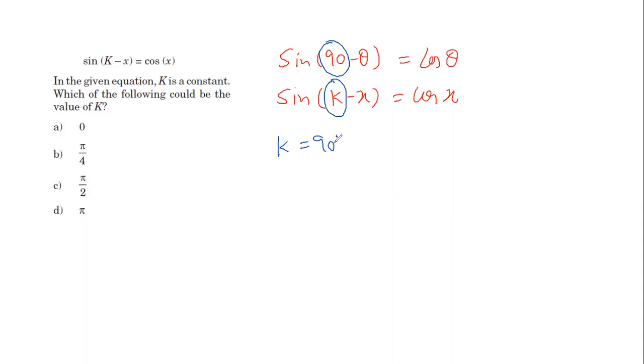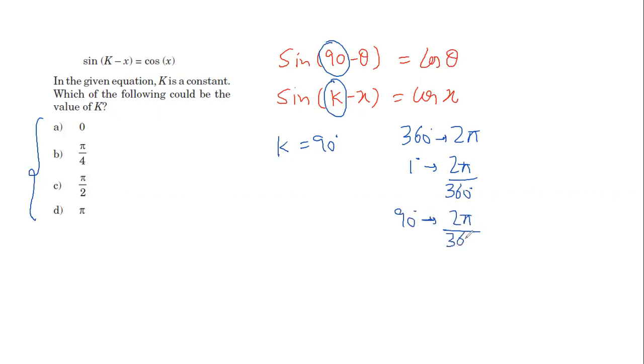But be careful again, they are not asking me the value of k in degrees. If I look at the options, they are in radians. So I have to convert this degree measure into radians, and I know the conversion: 360 degrees is equal to 2 pi radians. 1 degree will be equal to 2 pi by 360, and 90 degrees will be equal to 2 pi by 360 into 90.